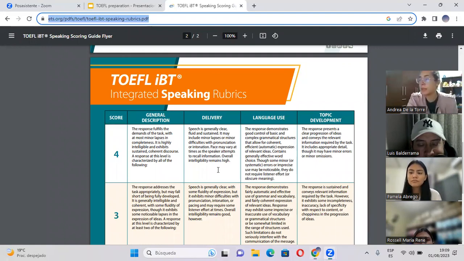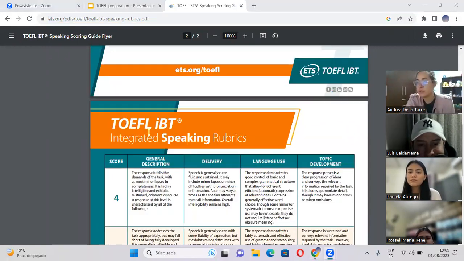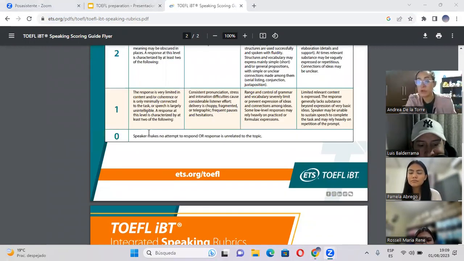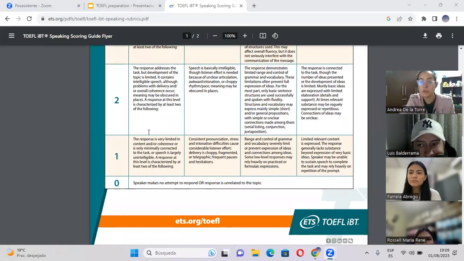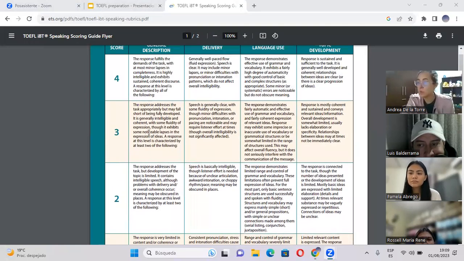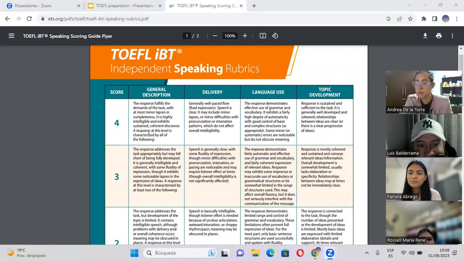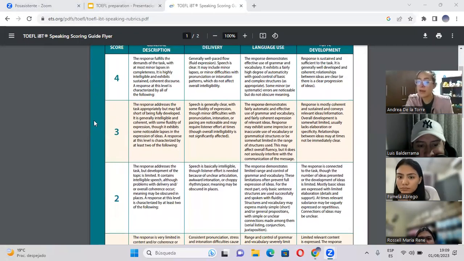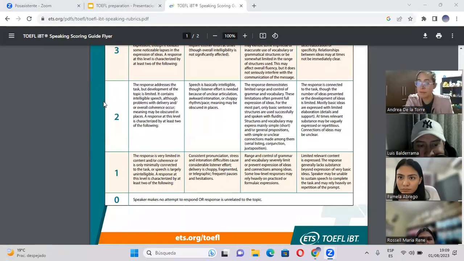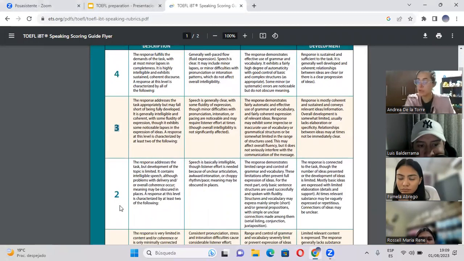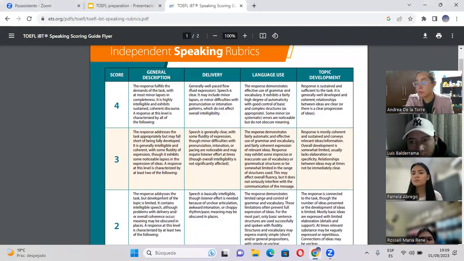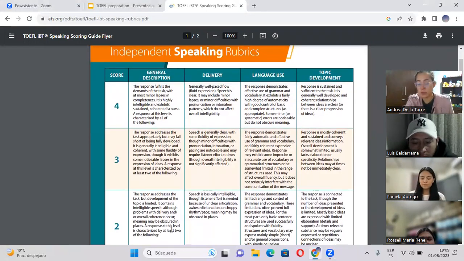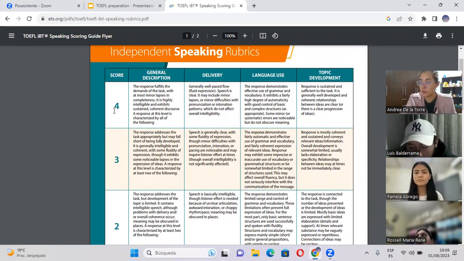First of all, they won't score your responses from 0 to 30, as you may be thinking. What they do is evaluate your responses on a scale from 0 to 4. So you can have a level 4 response, a level 3 response, a level 2. It's like ranges, levels. And depending on what level you get, they will weight your score. That means that your final score is going to be a conversion somehow.